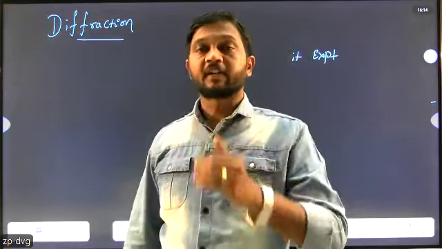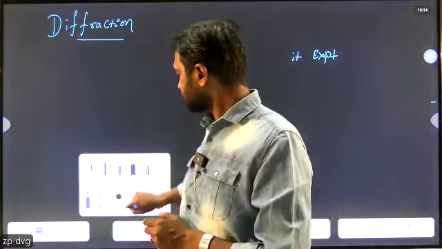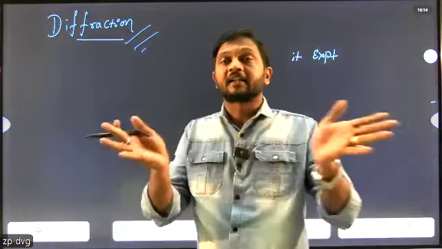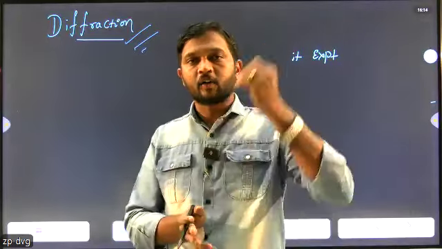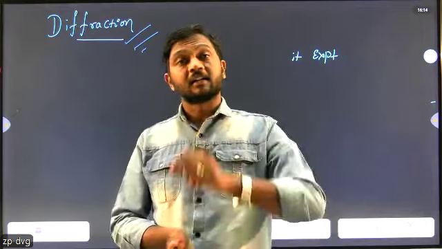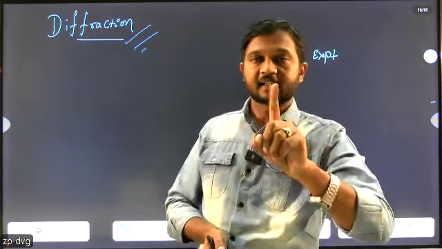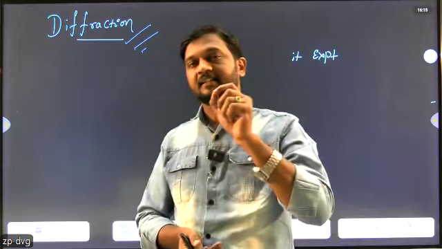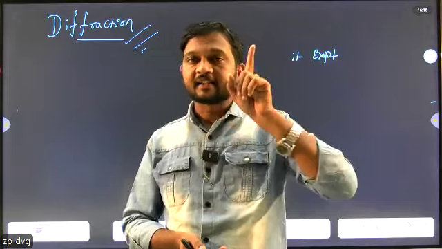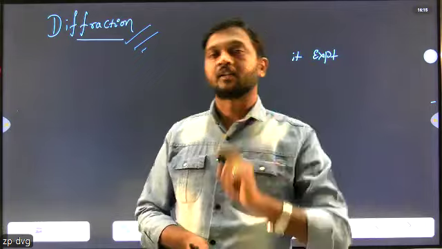Similar fringes are obtained in the diffraction pattern. What is the meaning of diffraction? It is when light diverges. Already we know that light has a wave nature, and also a particle nature. In the very first class, I discussed that in earlier days scientists were confused whether light is wave or particle.